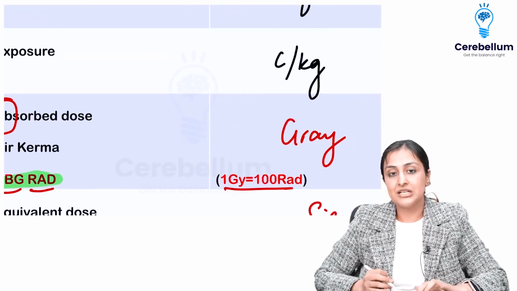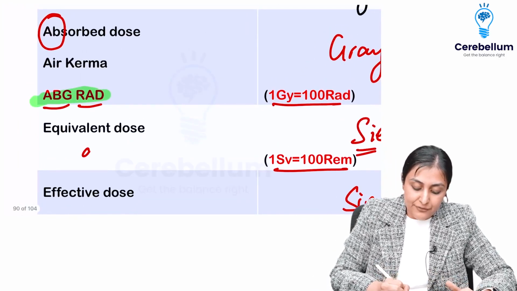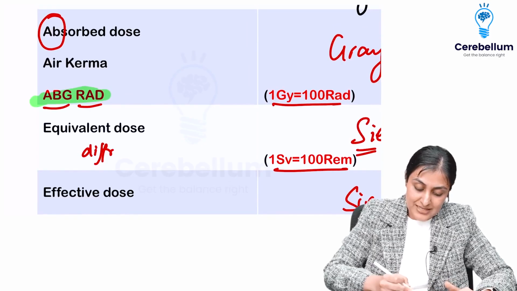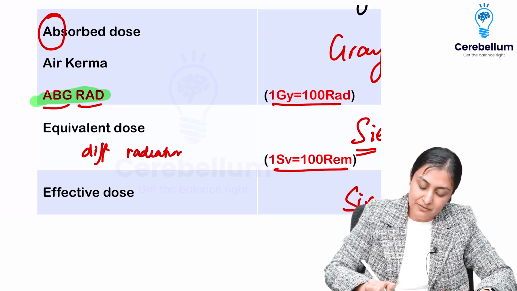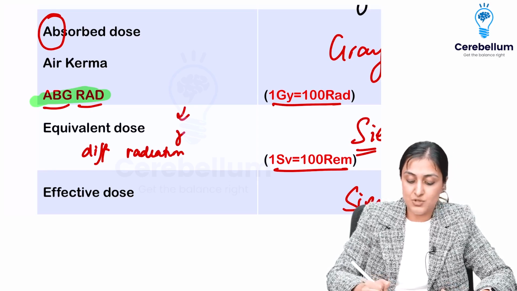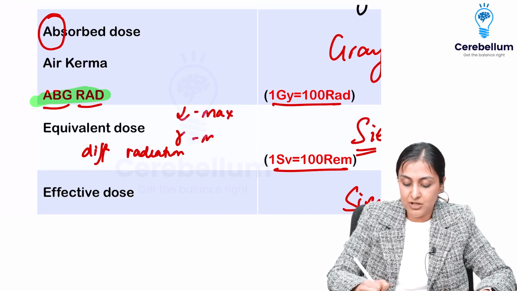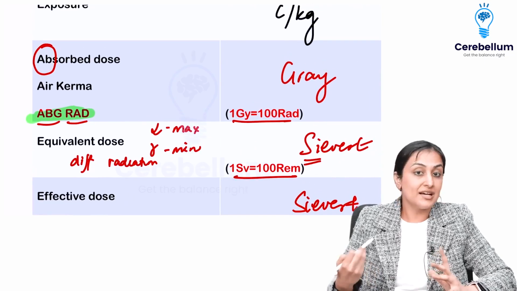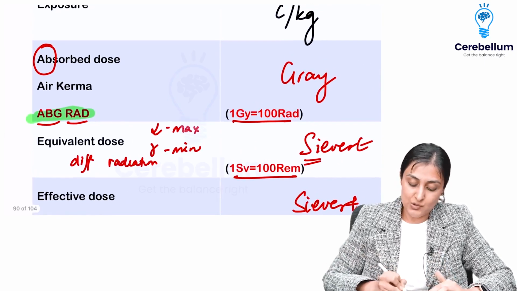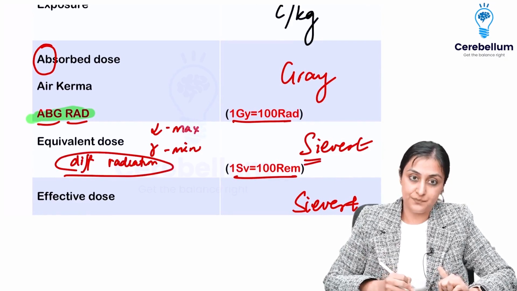Equivalent dose basically is for different radiations. For example, I have alpha rays which have maximum damaging power. Then I have gamma rays which have minimum damaging power. So how can I equalize them with the same unit? That is the equivalent dose. It takes into account the different radiations.